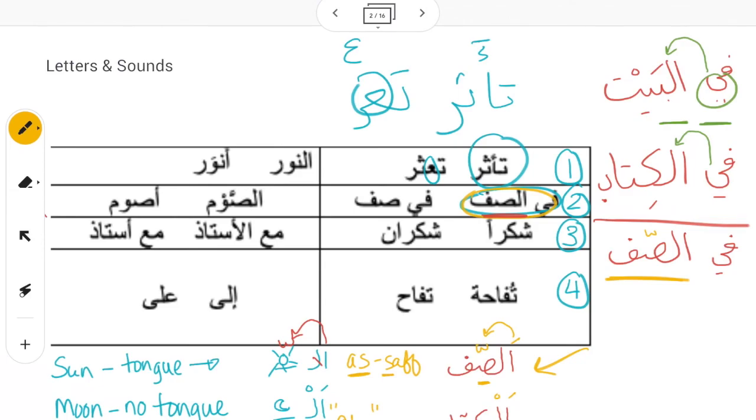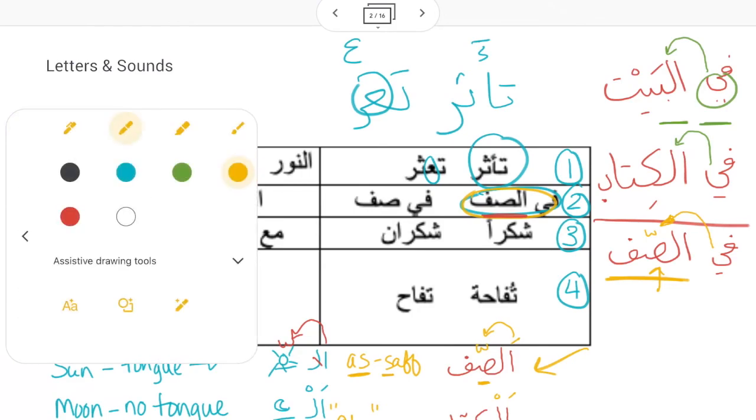So if you have a word that's before it, remember that you connect that last vowel of that word to the shadda here. So we're not going to say fi al, because the lam is never pronounced when you have a sun letter. We're going to connect that fi sound to the sad. Fis-saf. So it's going to sound like it's one word, but it's two. Fis-saf.